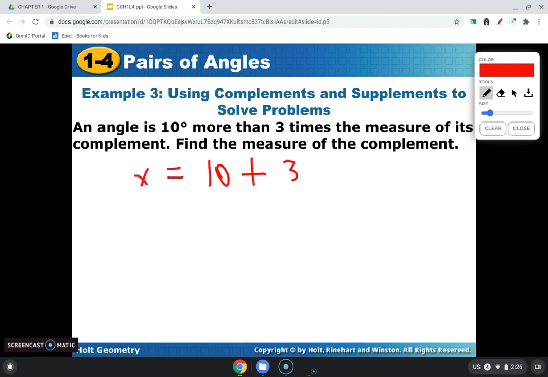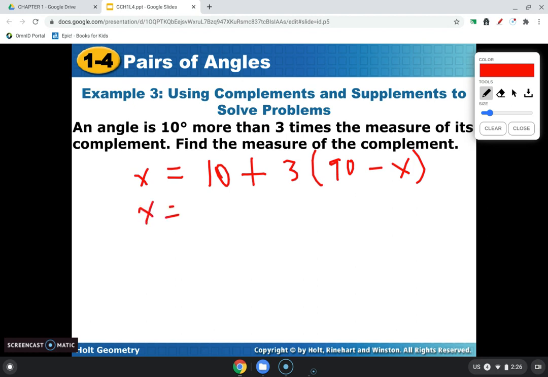Well, if x is the angle, what's the measure of its complement? 90 minus x. Okay, so we want to take the words and turn it into an equation.